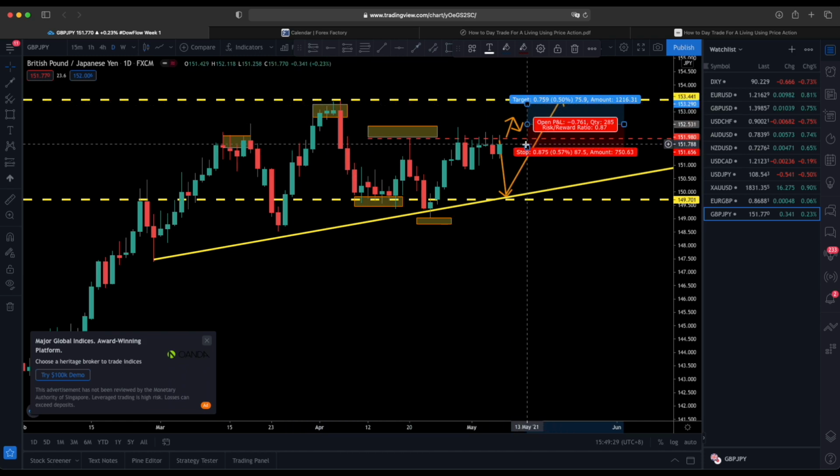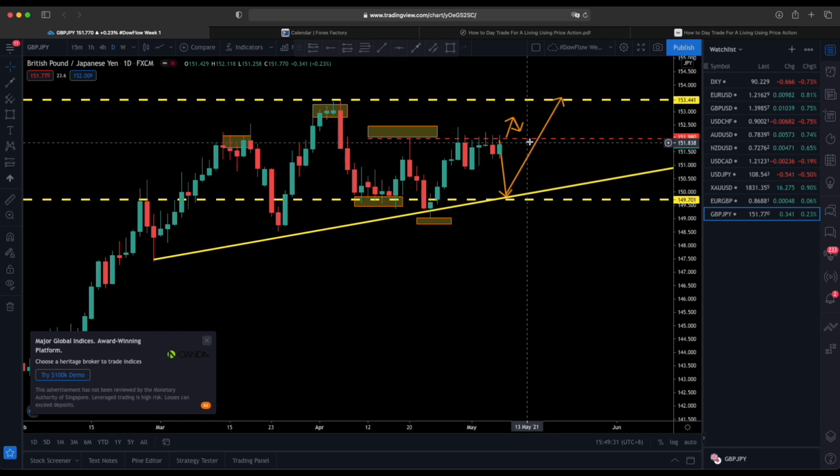So I don't recommend trading the breakout pullback setup. I recommend just waiting for price to retrace lower. Again, we might or might not get it, but just focus on the setups which are high probability, and you should be fine. So that's it for this video.